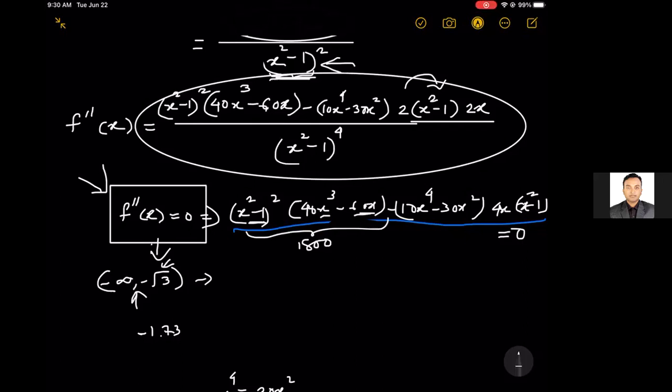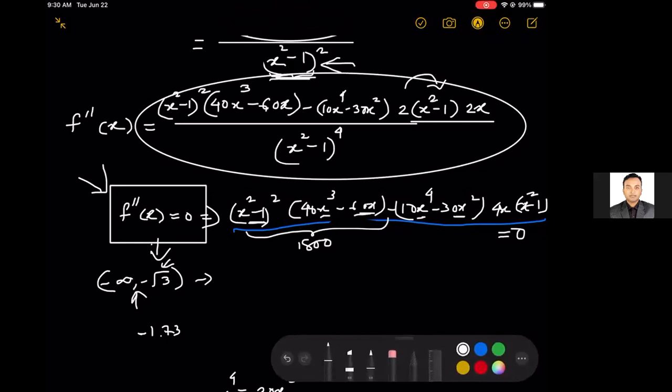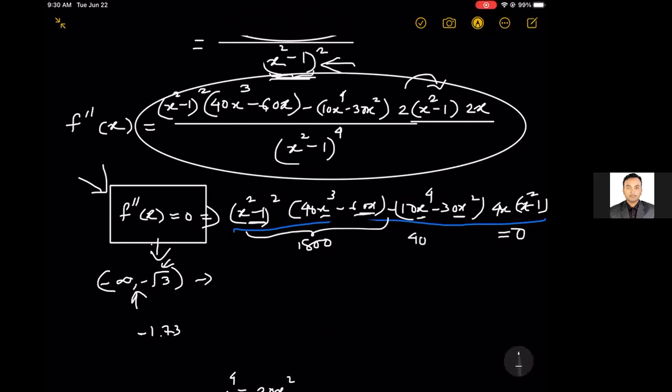And 2 to the 4 is 16, I believe. So it's 160, and it's 120. So it is going to be 40 for this part, and then 8 and 3 from this.